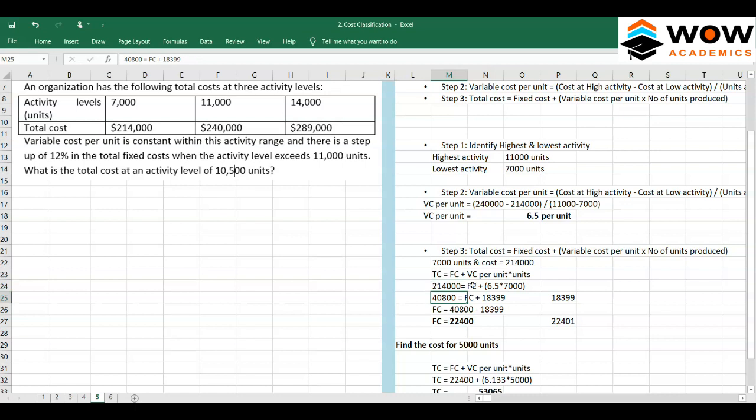So let's solve this part. It comes to 45,500. So the variable cost alone comes to 45,500 and our total cost has been 2,14,000.